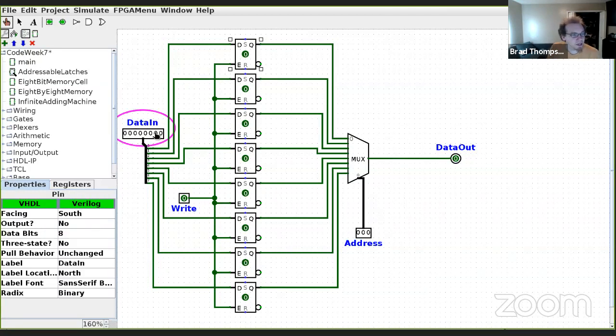So if I make my second bit a 1, and tell it to look at address number 1, oh, right, I have to actually write the thing first. Duh. So now this register up here is outputting a 1. When I set the address to 1, I start sending out a 1 from this tiny little piece of memory, right?